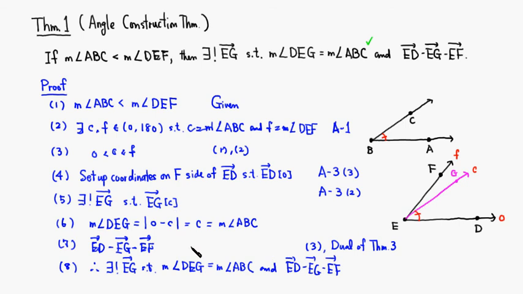That's just combining line number 5, line number 6, and line number 7. So that's the proof.